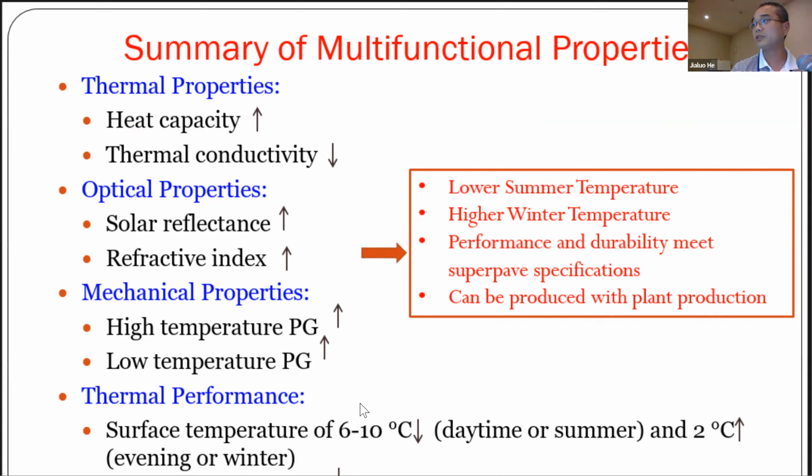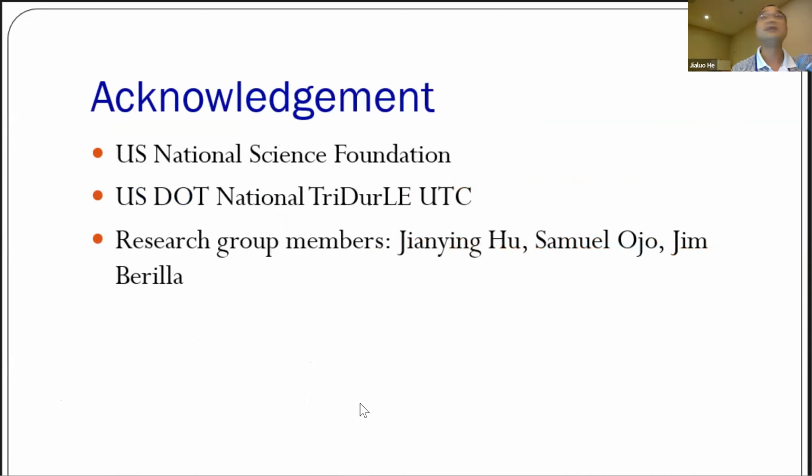From the thermal performance aspect, it can help reduce the high temperature and increase the low temperature. And from the production side, it's comparable with the current production procedure without being compromised. So that's my quick overview of the idea we tried to explore.